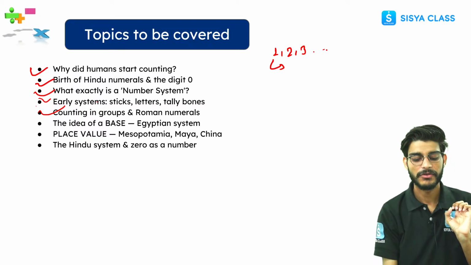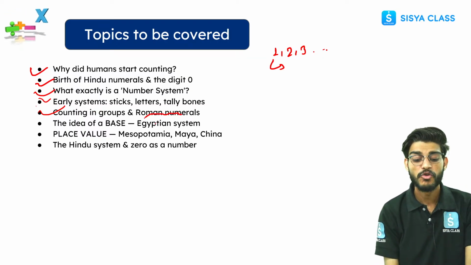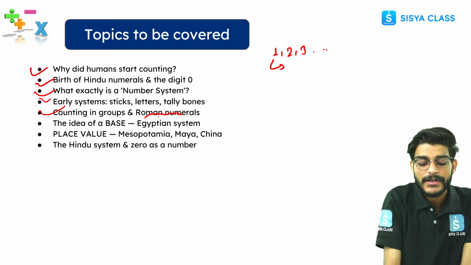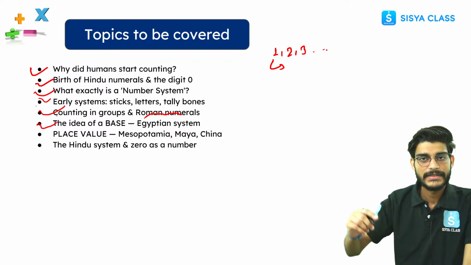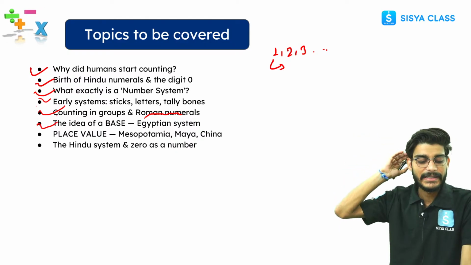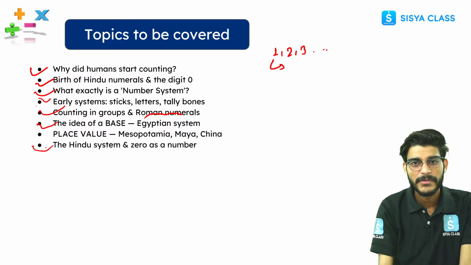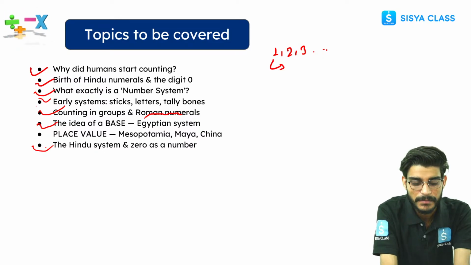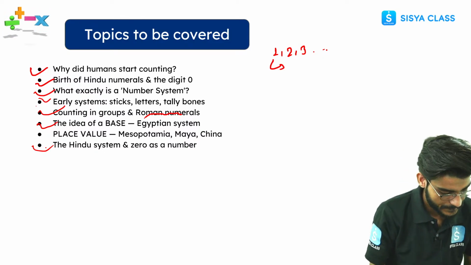Roman numerals, all of you know, are one of the most famous number systems. Next is the idea of base, that is the Egyptian system. And at the end we will look at place value and the most important number system, the Hindu number system. Did all of you understand what we're going to cover today?